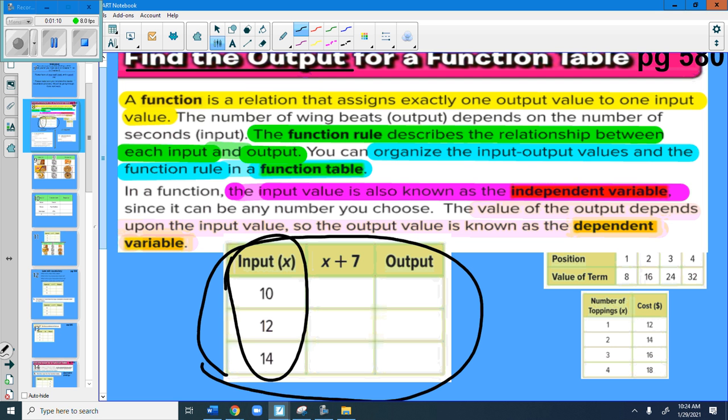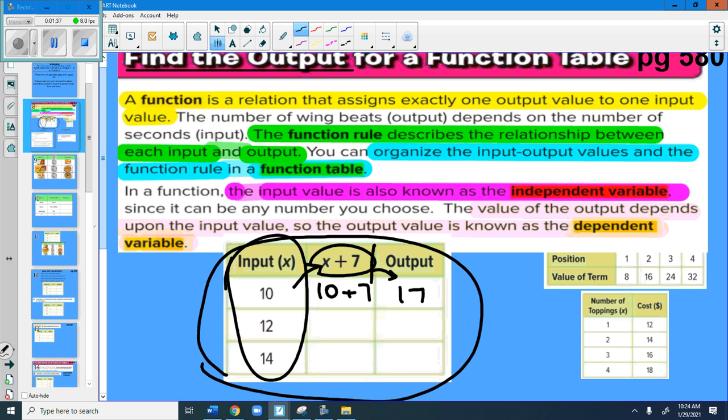Because what's happening here is the input value is going into this thing right here that we call a rule, and then it's going to come out of the machine as the output. So we're plugging 10 in for X. So 10 plus 7 equals 17. So the input values are also known as independent. I'll show you the dictionary definition of that in just a second.